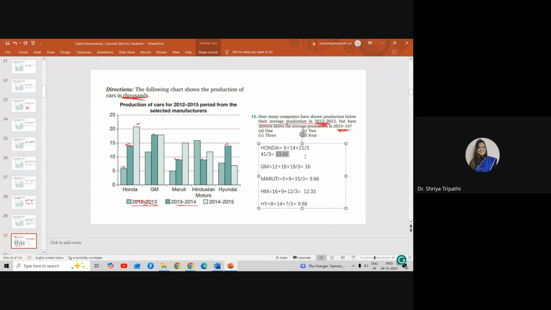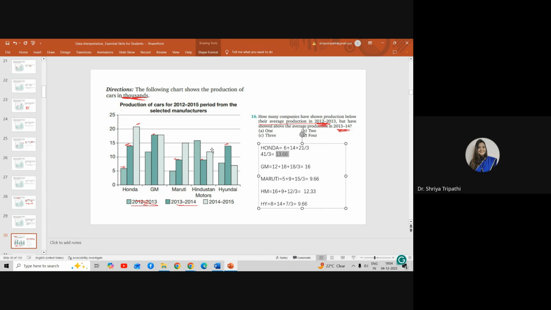Which all? Can you name them? General GM, Maruti, and HM. Everyone agrees with her? Are we able to understand? We have first calculated the average production of 2012-2013, right? But they have shown above the average production in 2013-2014.